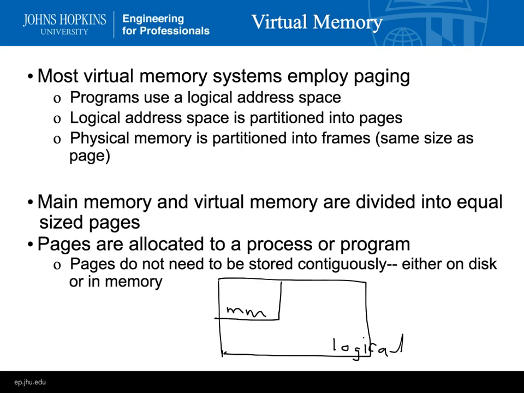And then we're going to break this up into things called frames. So this would be a frame in main memory, and pages. Logical memory is split into pages, so all of this would be in pages. Main memory is split into frames. And of course, frames and pages are the same size. So just like we had lines and blocks, just in another annoying way, let's call the same thing 2 different things.